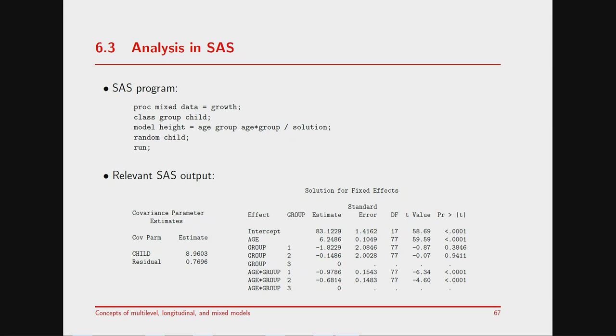And another question, the random effect is child, and it's also put in the class as class variable. Yes. That's always necessary for the random effects. Yes and no. Later on, we will start to deviate from this, but for now, yes. Because we really want to use child as a factor, like in two-way ANOVA last week, where we included the mother effect to take into account the variability between the mothers.